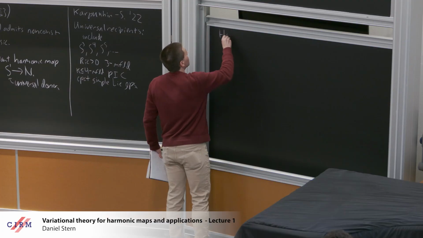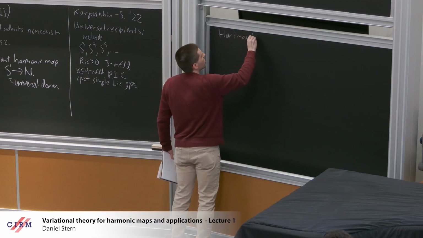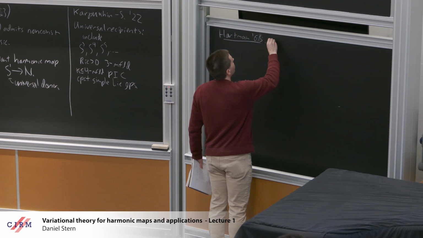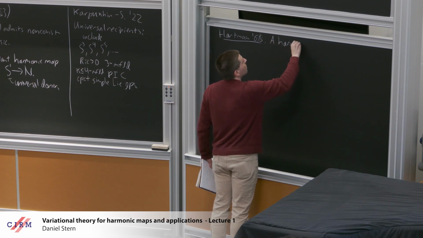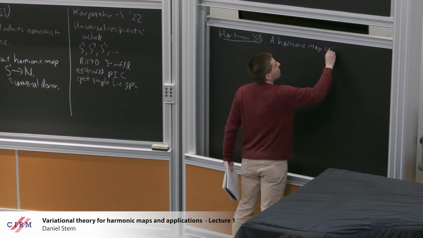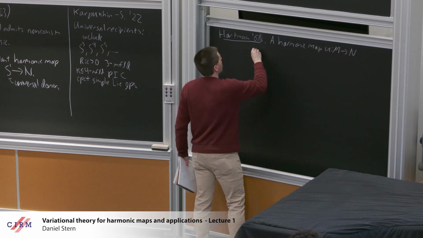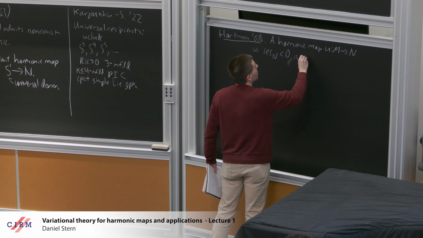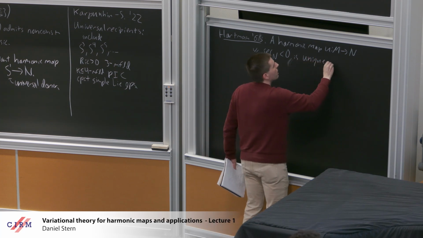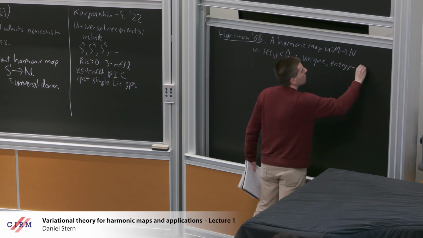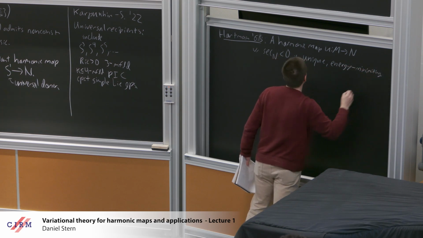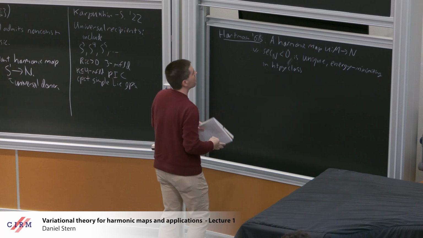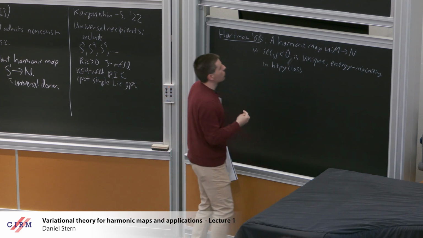Hartman, a few years later, I'll say 65, maybe it's more like 66, showed that, I'll be rough about it, a harmonic map u from M to N in negative sectional curvature is unique and then necessarily energy minimizing in its homotopy class, where the uniqueness could be up to some minor symmetry.